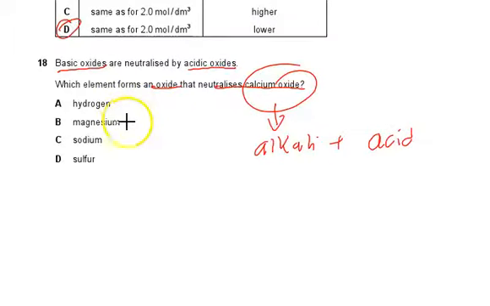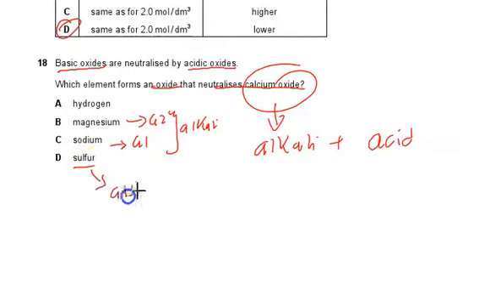So magnesium is group 2 and this is group 1. So both of their oxides will form an alkaline. So it doesn't make sense to mix with this. Hydrogen oxide will form water. So your best answer here will be sulfur. Sulfur is group 16 and its oxide is much more acidic. Okay, so for 18 you have D as your answer.